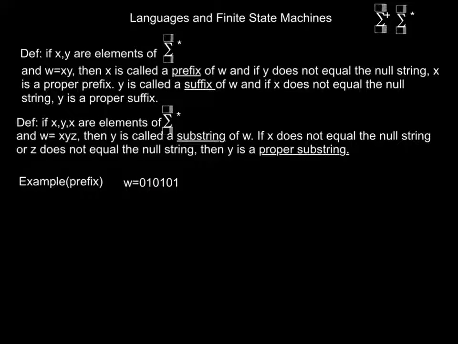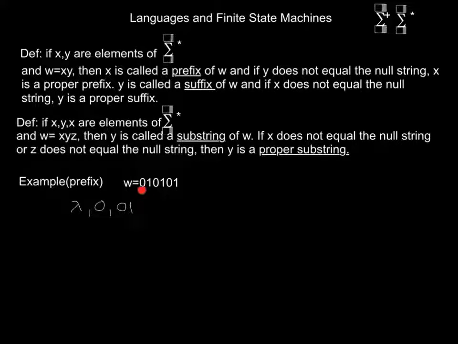For an example of prefixes, let's look at the string 010101, and we will list all the proper prefixes. We can consider the empty string a proper prefix. Next, we can consider 0. In this case, x is our prefix, and y over here is not the null string. Our next prefix would be 01.